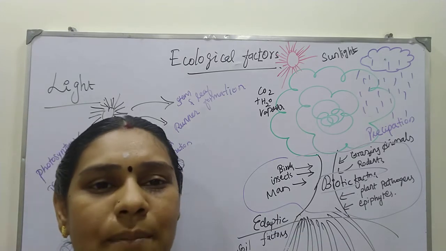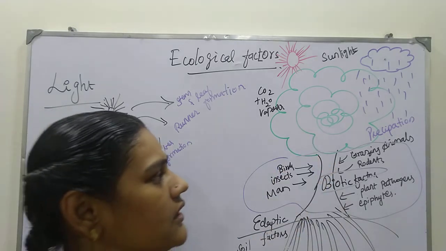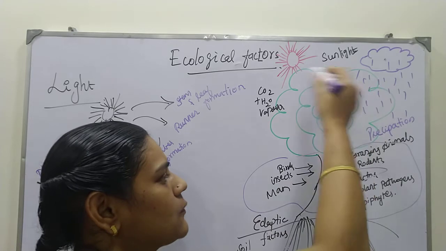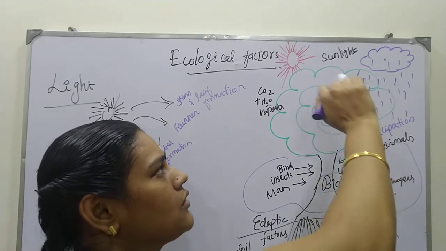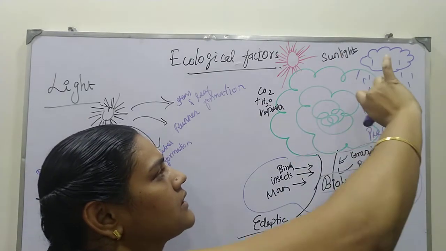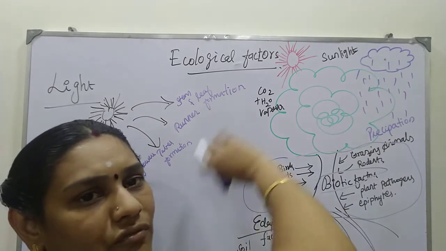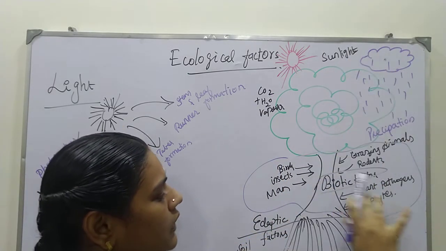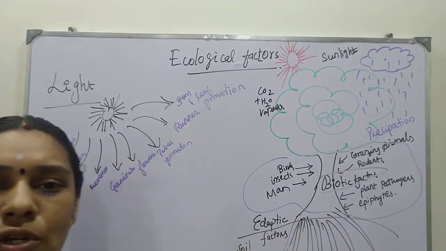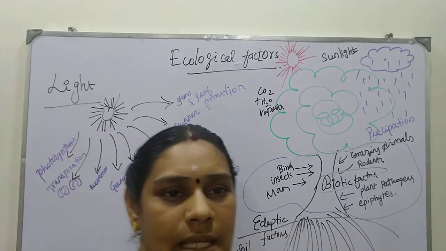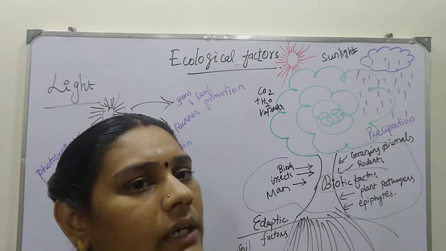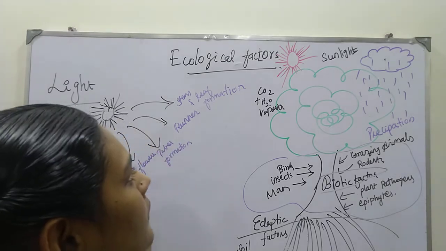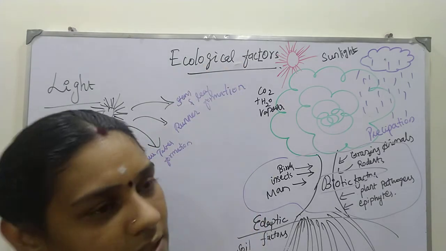For example, if you take this tree as an organism, these are all its environment. The environment consists of different components, for example abiotic components and biotic components, and edaphic factors. So there are different kinds of components, and generally these components are also called factors.